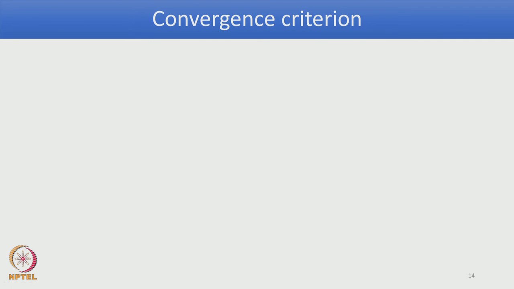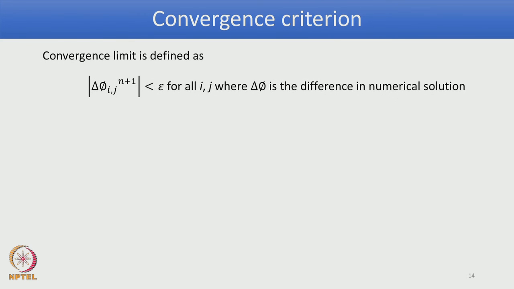There are many ways in which you can use this epsilon to decide on terminating a calculation. If you take the absolute value, that is what is given here as the modulus of delta phi, which is evaluated for the case of 2 dimensional nodal locations, that is why you get subscript i comma j here, and for the current level superscript n plus 1 is given.